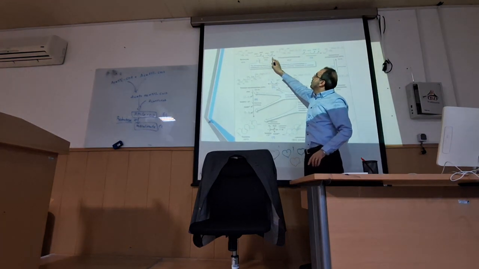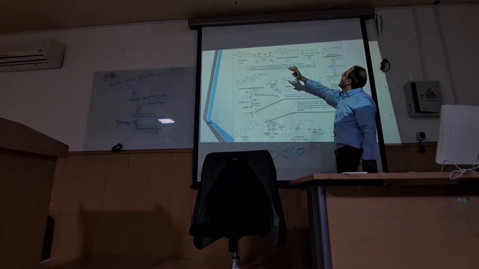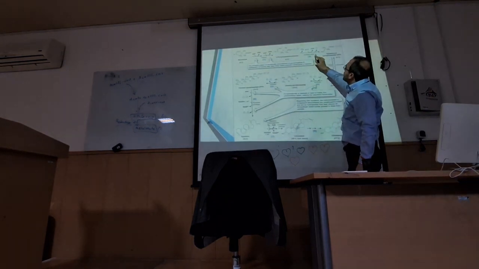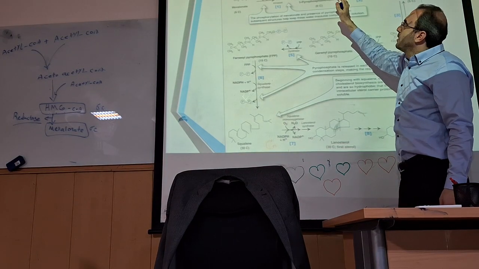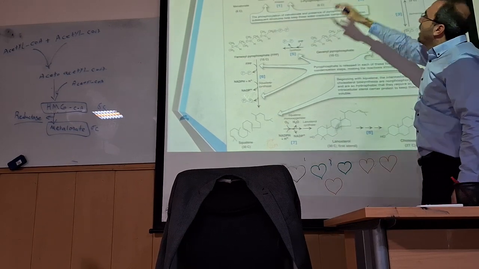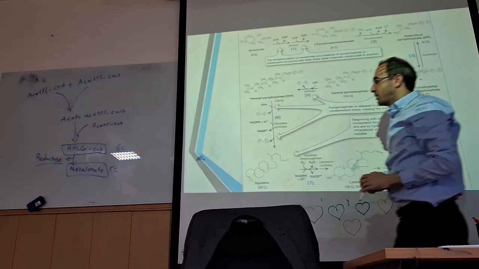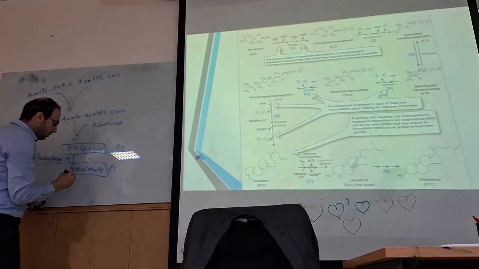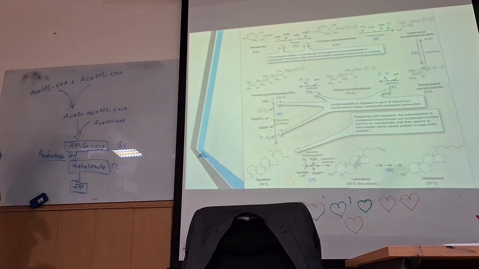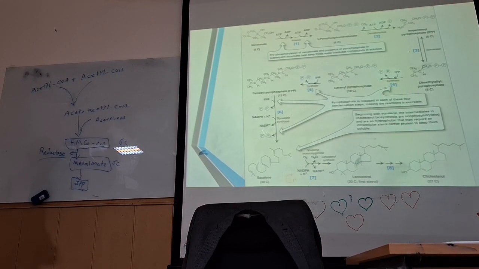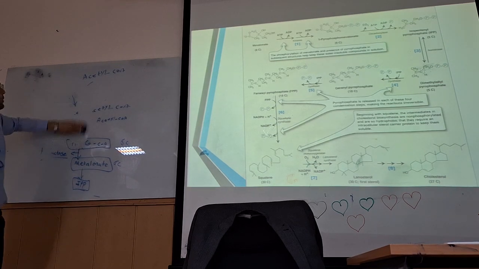In the next step, by using 3 ATP, 1, 2, and 3, and losing 1 molecule of CO2, it is lost. 3 ATP are used and it finally becomes what? Isopentenyl pyrophosphate, IPP. IPP has 5 carbons. Let me go up.